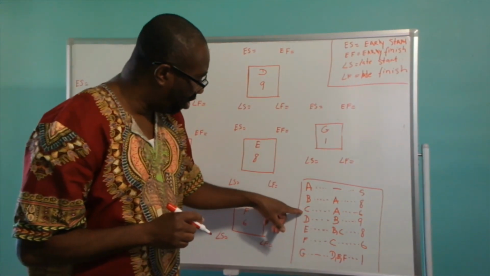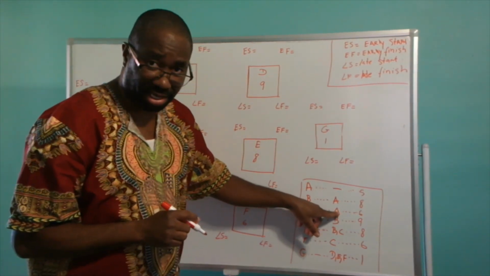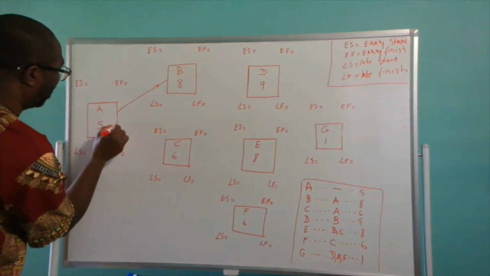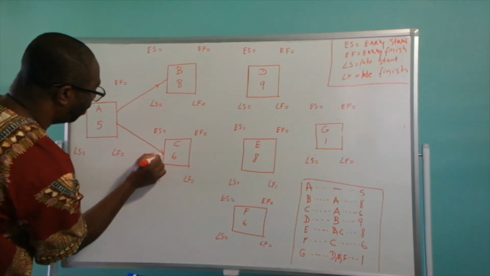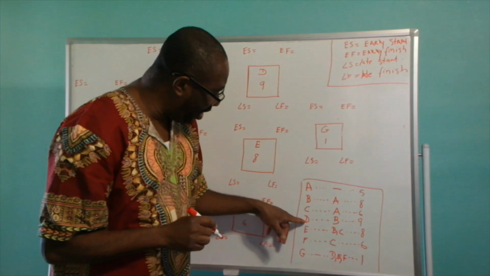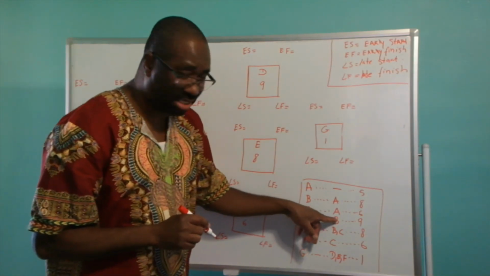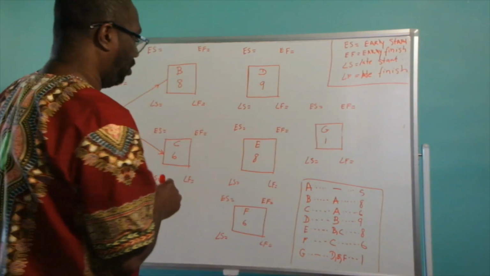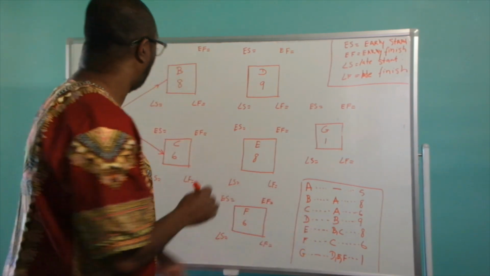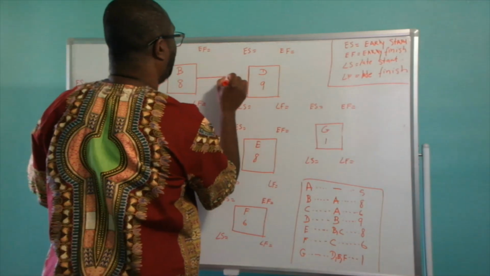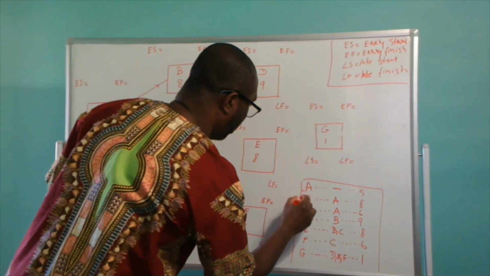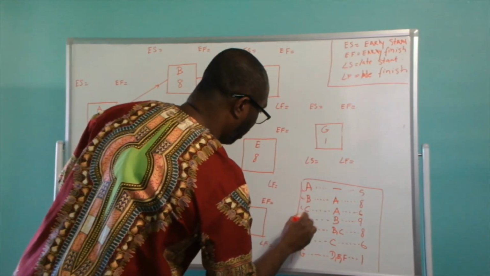Activity C comes out of activity A also. So we're going to merge activity A with activity C. Activity D comes out of activity B. So we're going to merge activity B with D like that. So we've got activity A, to B, C, D.